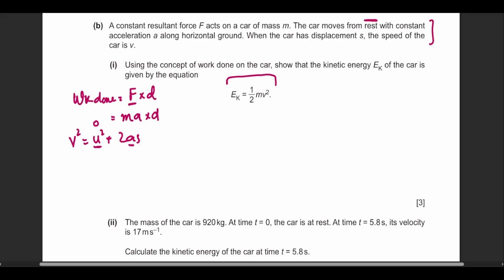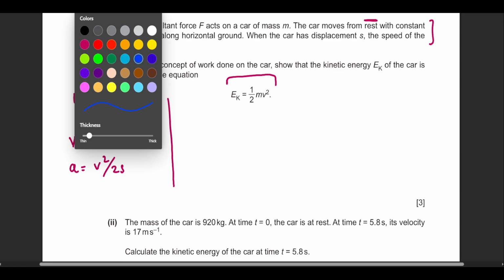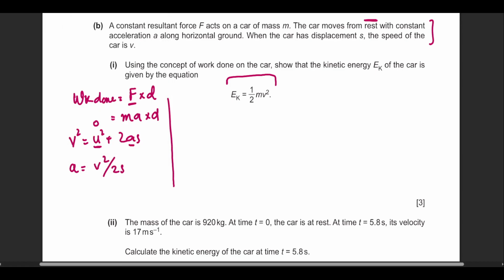So we're looking for the acceleration. This becomes a = v²/2s. And then we simply put this back as a into this equation. So this becomes m × v²/2s, multiplied by the distance, because it's in the same direction as the displacement.